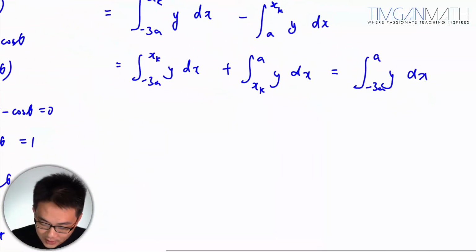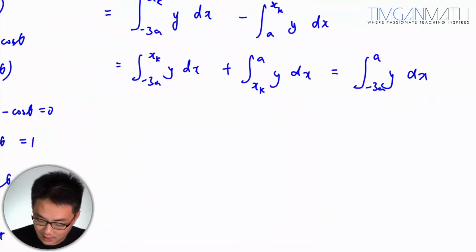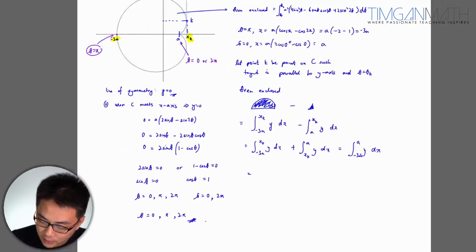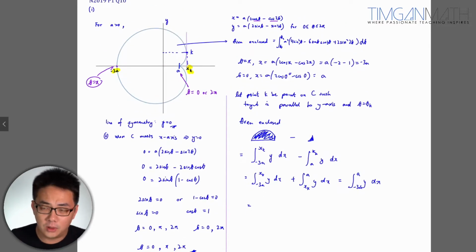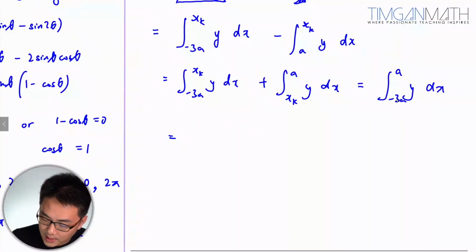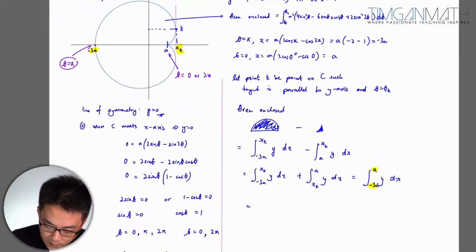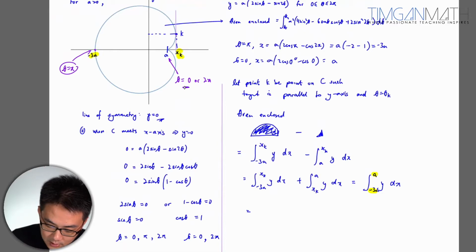Then what you do is you just change it to the parametric form, right? So parametric form would mean that we make y a function of theta and so on. Remember this point here, a, corresponds to theta equals 0, because you're starting from here to here.